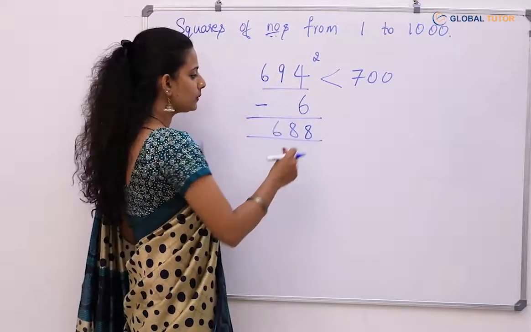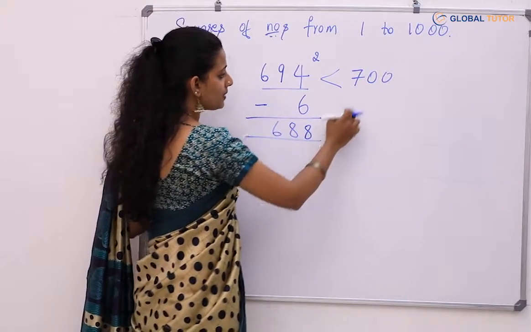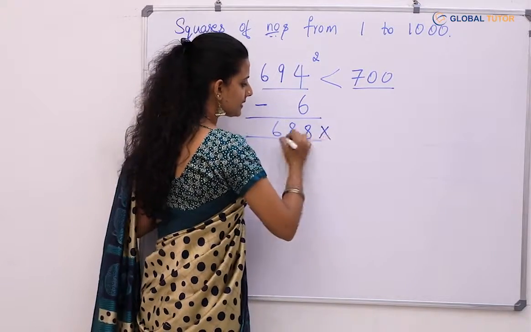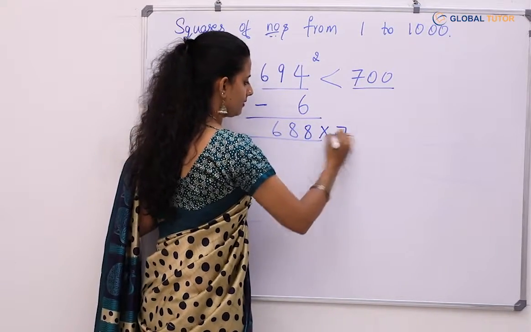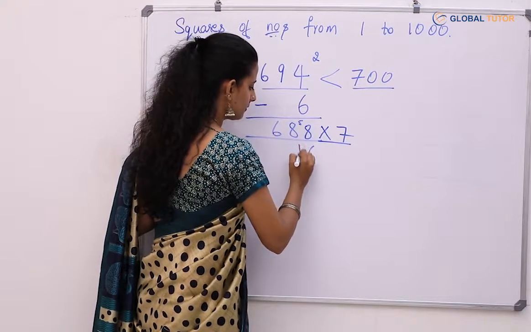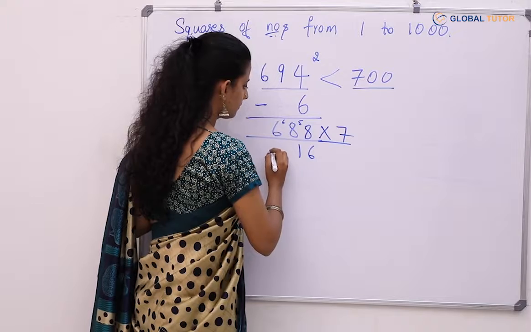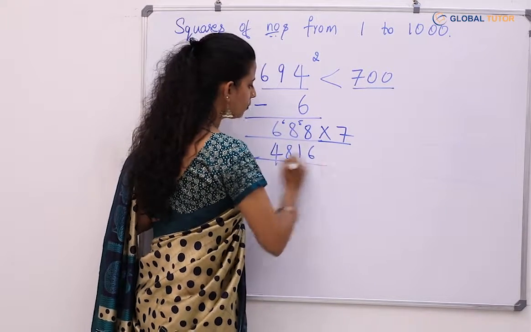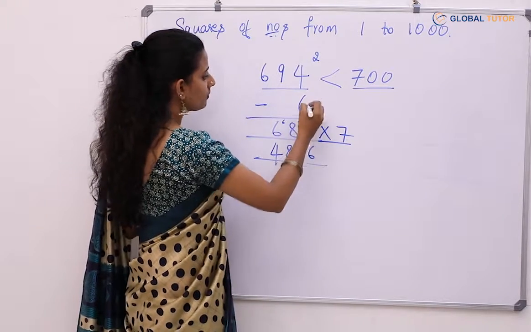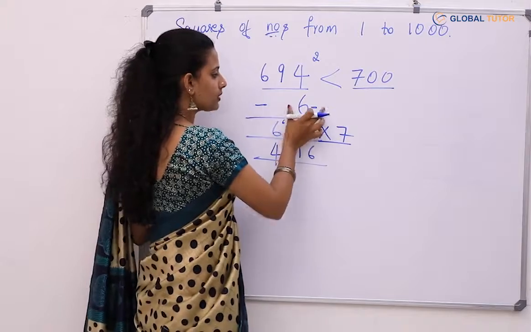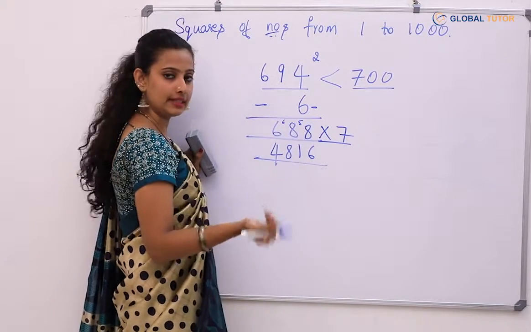Now in this next step, because our reference number is 700, you multiply 688 by 7. It's 4816. Now the difference number we got is 6. You have to find out the square of this number, which is 36.